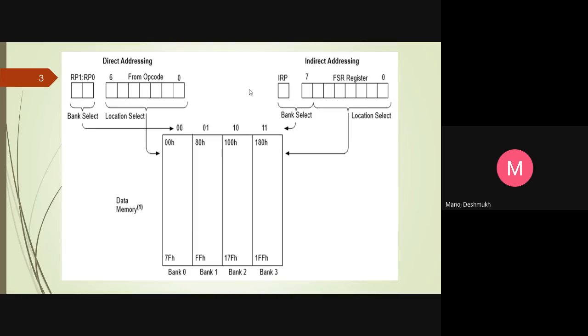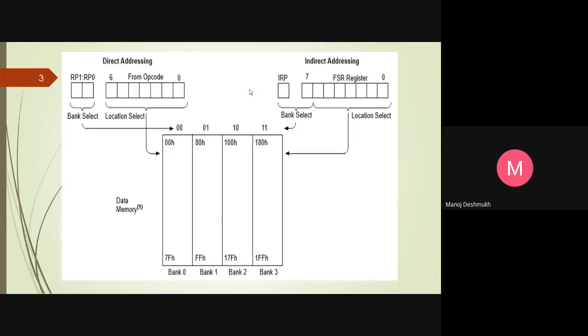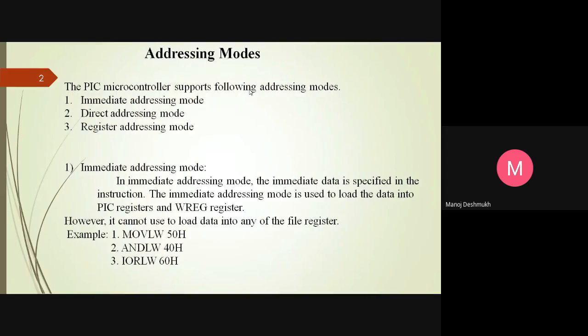Okay, so description for this, it is mentioned here, that is either in case of direct or register indirect addressing mode. Okay, so just have you written these addressing modes or not? No, sir. Okay, so write down for addressing modes 3 basic types, and after that some examples. Write down.